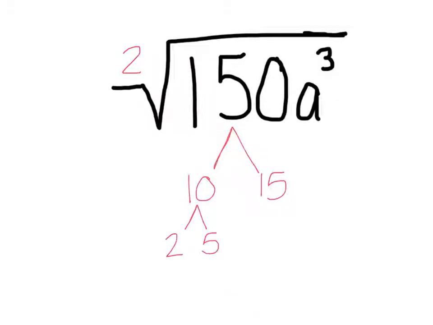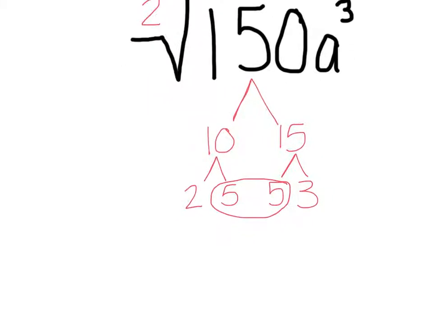What about 15? 5 and 3. Can we break them down anymore? No. So at this point, do we have a set of 2? That'd be the 5s, right? So the 5s come out to the front, and just one of those. And then what's left inside? 6. 2 times 3, which is 6.